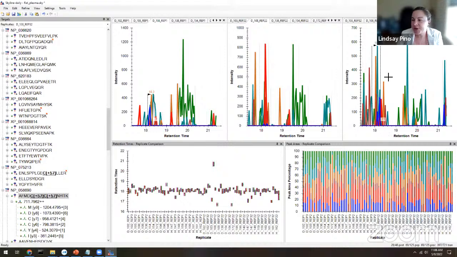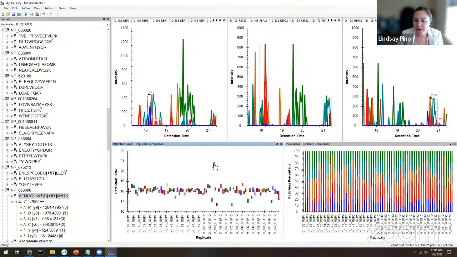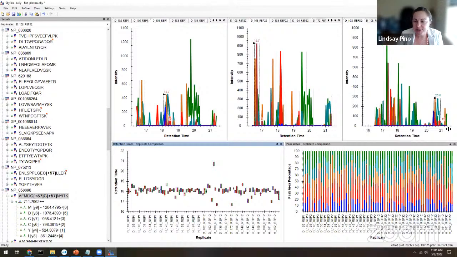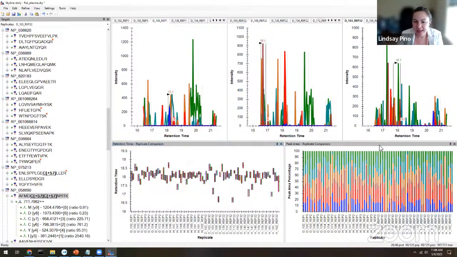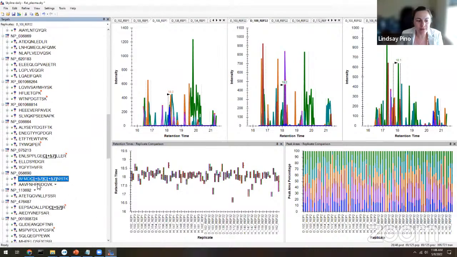This is so that I'm integrating the area. The quantitation is going to be with all of this same mess as all of my other samples. So I would try to align all of the retention times to about that 18-minute mark. Some of these are maybe too early, some of these are maybe too late. But I would try to integrate the same area for everything for this super messy peptide.